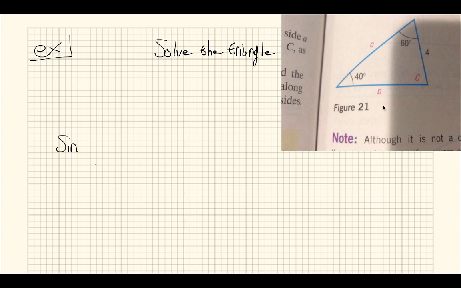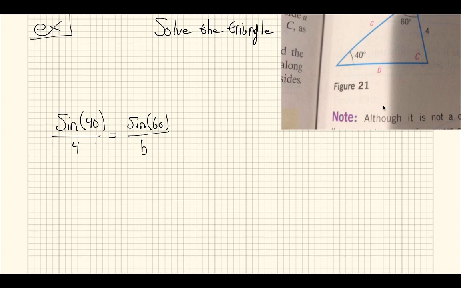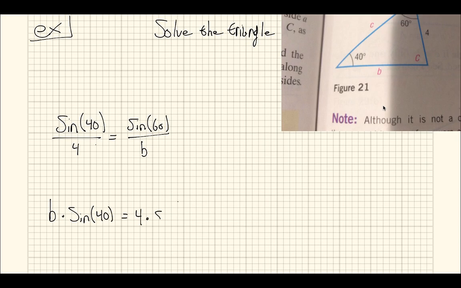The sine of 40 over 4 equals the sine of 60 over b. I mentioned we're just going to cross multiply to solve these. So we have b times the sine of 40 equals 4 times the sine of 60.